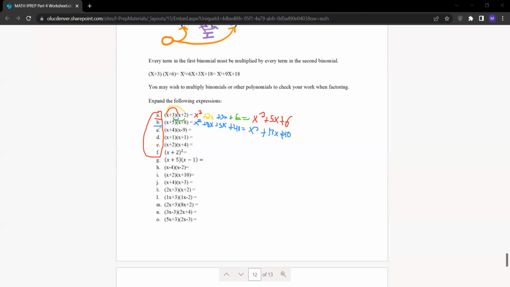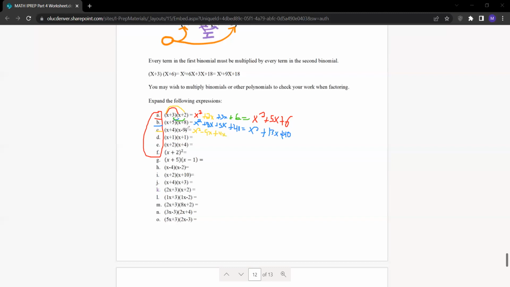Cool, let's do part C. In part C, we have x plus 4 and x minus 9. So first we do first, so we have x squared. We do outside, x times minus 9, so we have minus 9x. And inside, 4 times x, plus 4x.